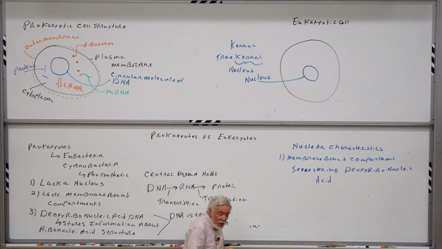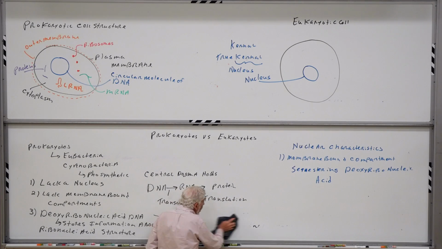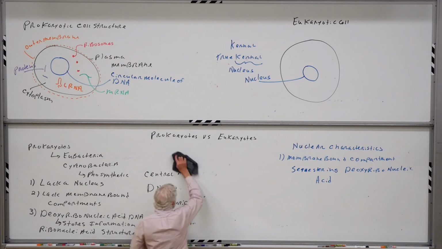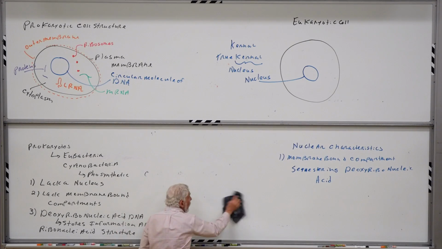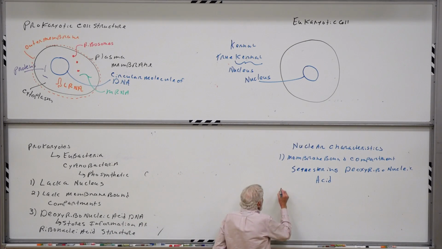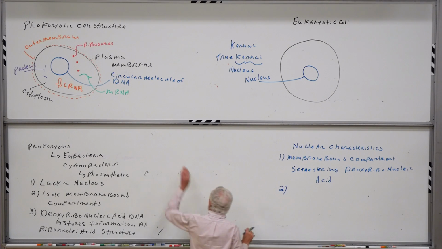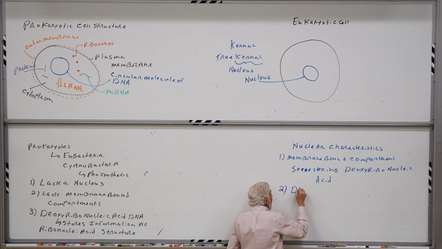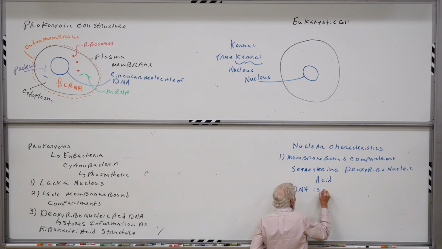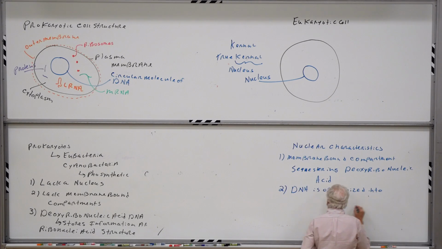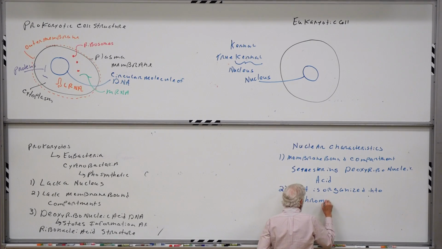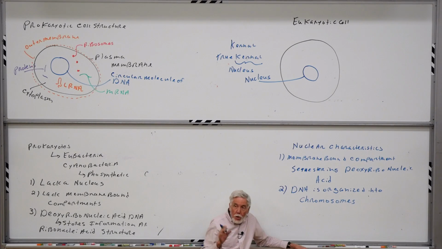That simply is telling us that in eukaryotic cells, the DNA is always confined to the nucleus. But the second major idea and distinction from the prokaryotes is that the DNA itself is organized into chromosomes. Now, it's true that each chromosome is one long DNA molecule.